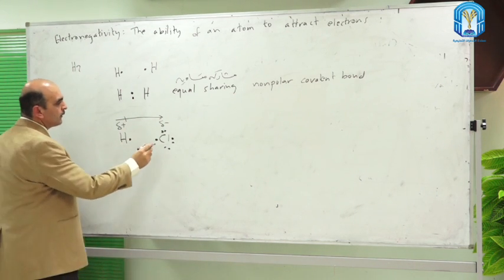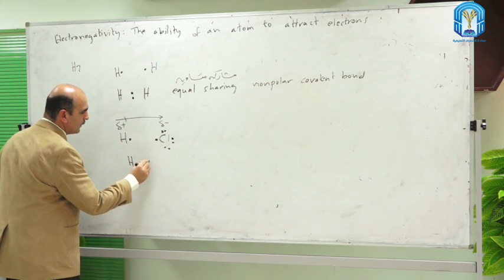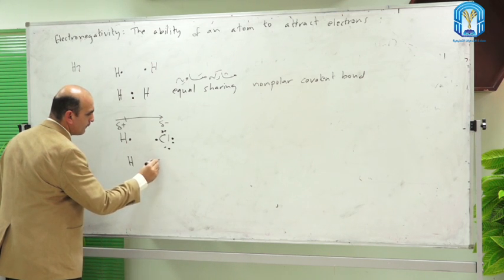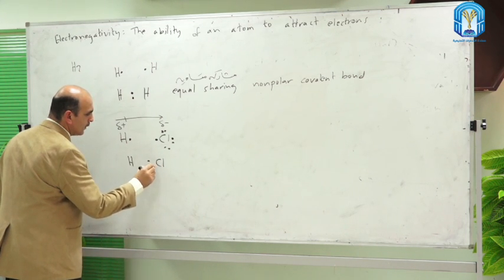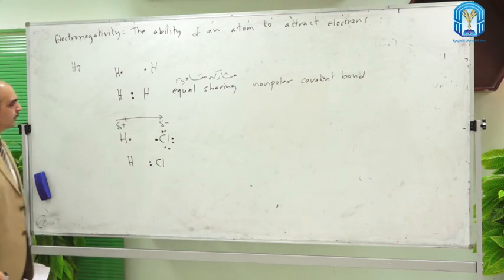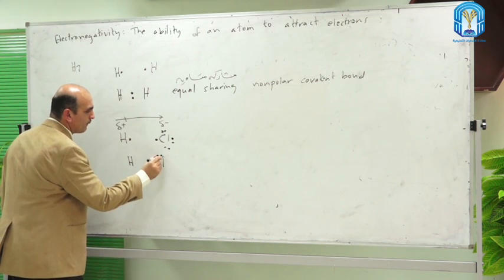The sharing here is not equal. So the shared electrons are closer to the chlorine atom than hydrogen.